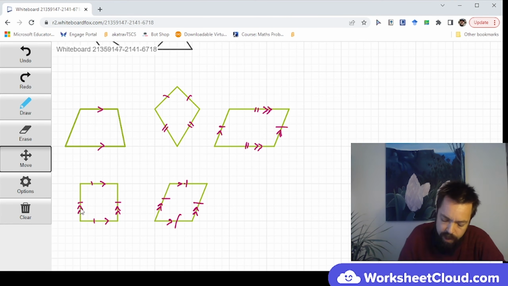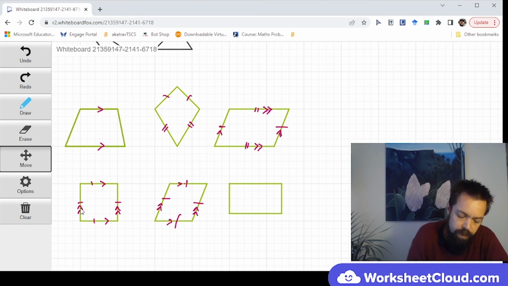And our final shape, come on, is a rectangle. We've got opposite sides that are the same length, opposite sides that are parallel, and all the corners are 90 degrees. I should have put that into my square as well.